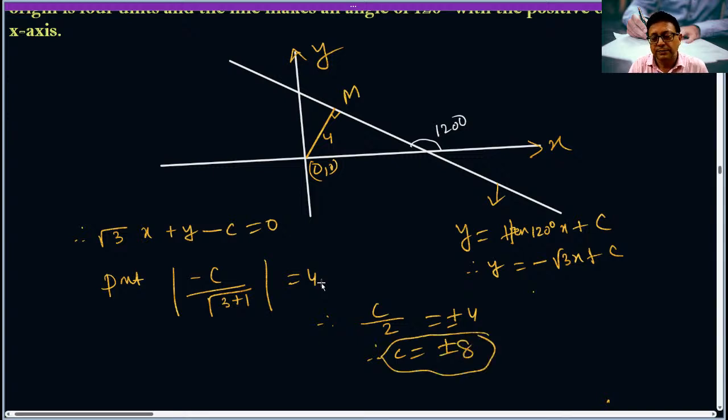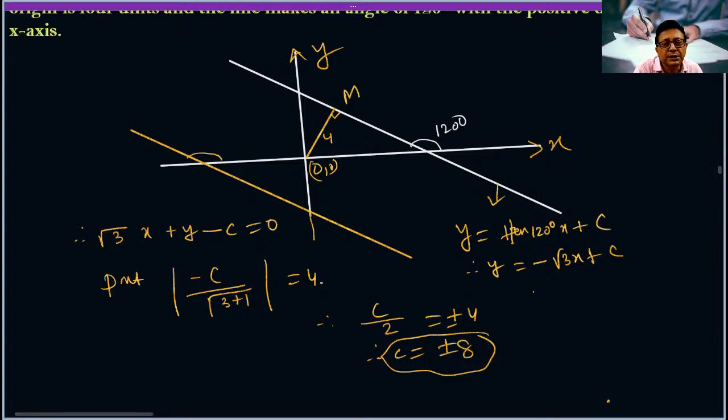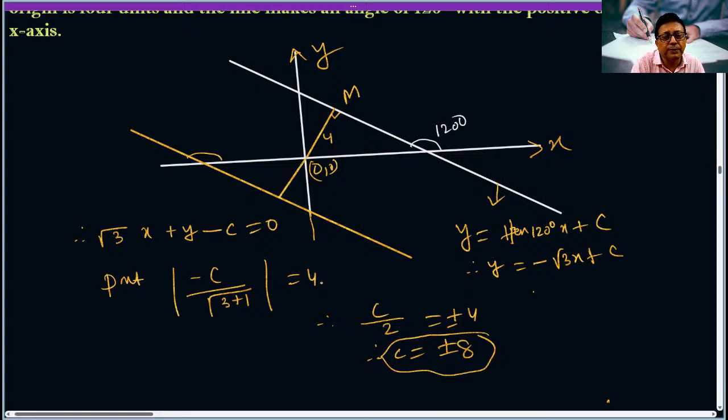Am I correct? This is all right? Yes. Because the line may lie here also. That's why 2 lines. This length also may be 4 unit. That's why.